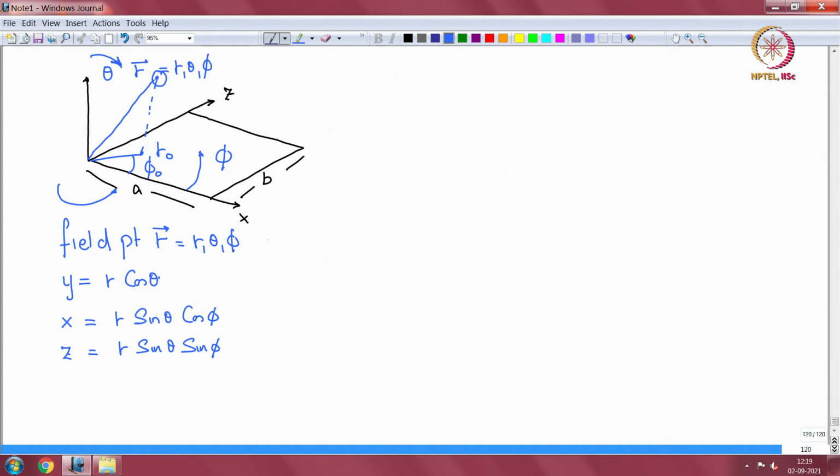So this is the receiver, and the source point has y equal to 0, x0 equal to r0 cos phi 0, and z0 equal to r0 sin phi 0.